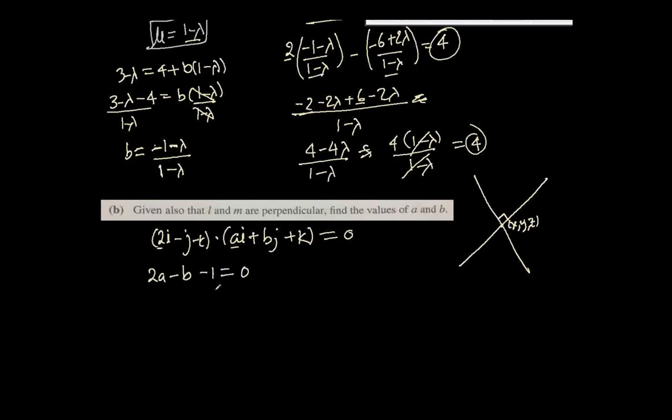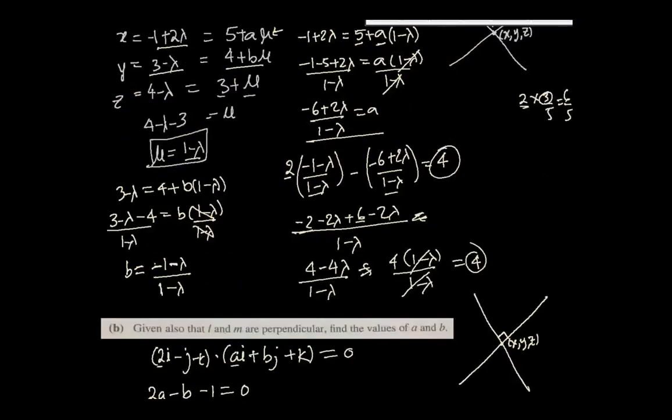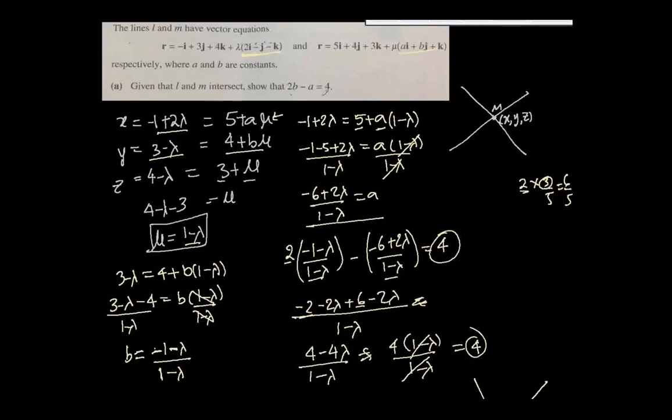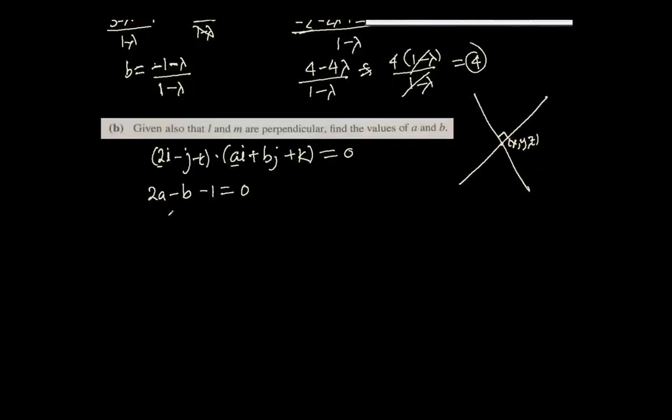This is our equation. Now already we had one equation which we proved earlier, which was 2b minus a equal to 4. So we will write here 2b minus a minus 4 equal to 0. I just rearranged this equation so that I can cancel out something.